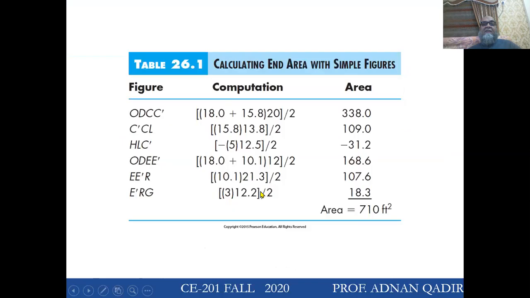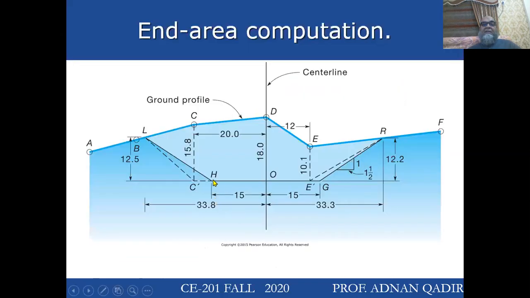Next point is H. Here the X coordinate is minus 15 and Y coordinate is 0. Then you take the coordinate of L. Now the coordinate of L is minus 33.8 and the Y coordinate is 12.5.